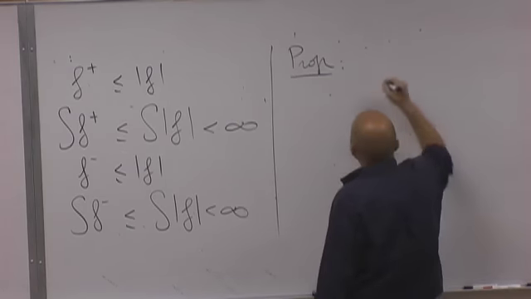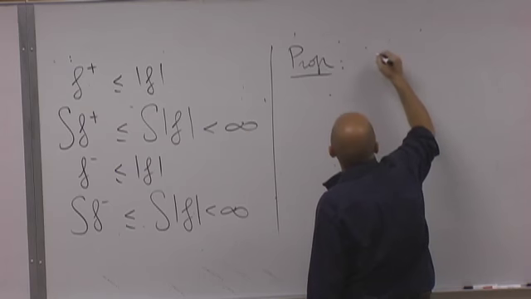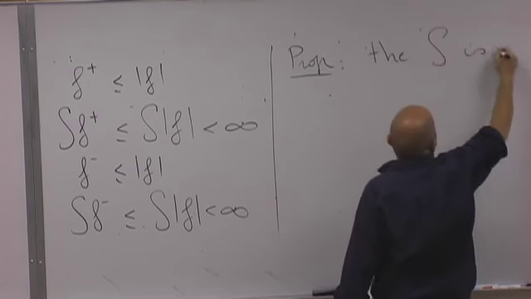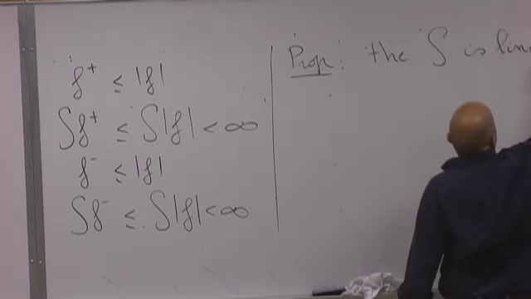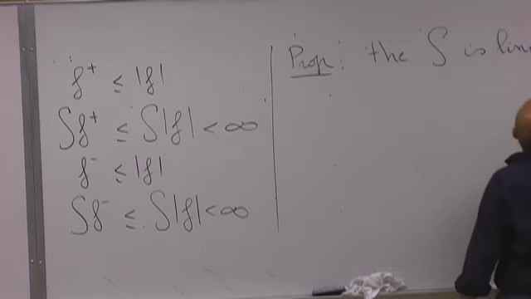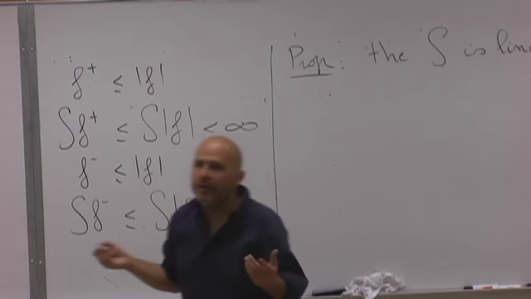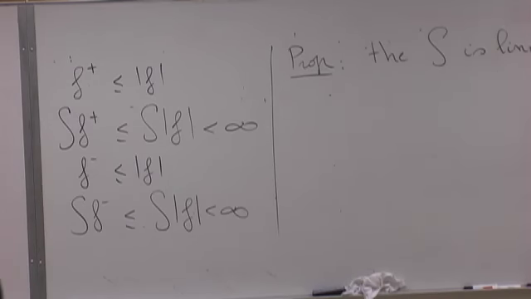First property: the integral is a linear operator on L1. A linear combination of integrable functions has an integral which is the linear combination of the integrals. The usual, right?